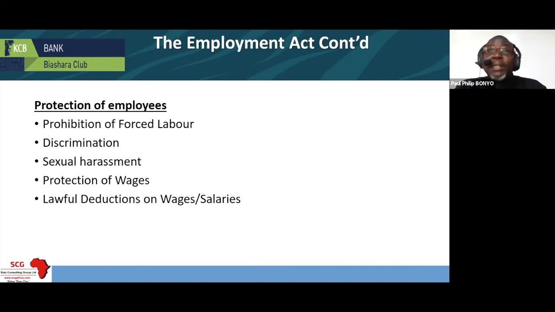You can equally deduct from salaries in respect of any property damaged or lost by an employee, if it was in the custody of that employee.